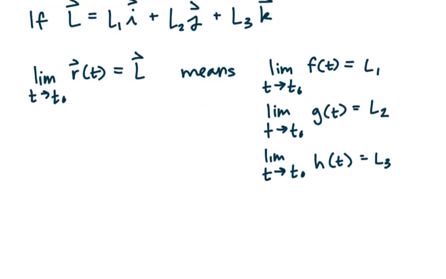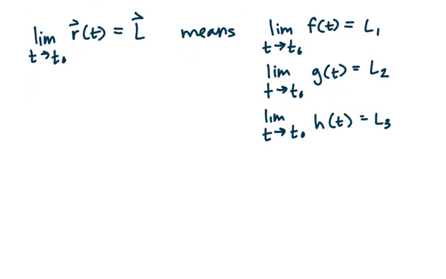So by calculating the limit of each of those scalar components, then we can rewrite this. We can think about the limit as t approaches t sub 0 of r of t.